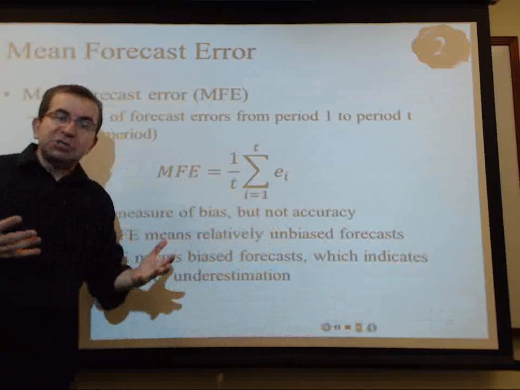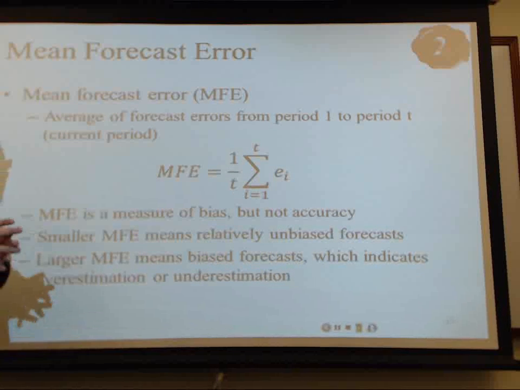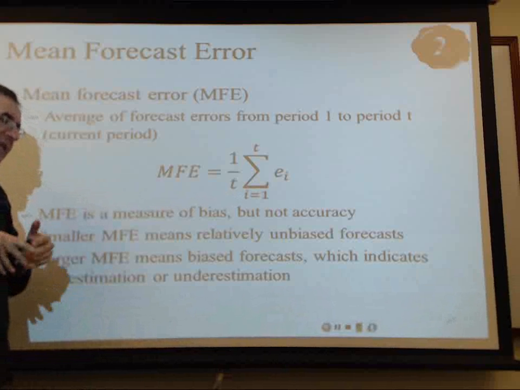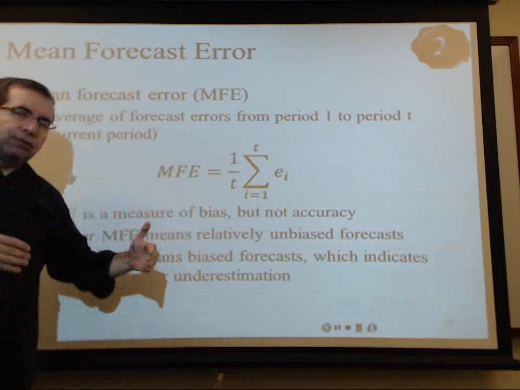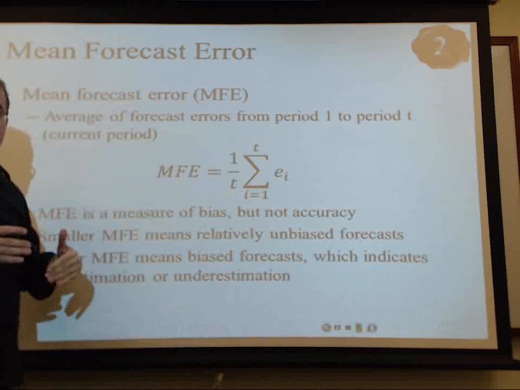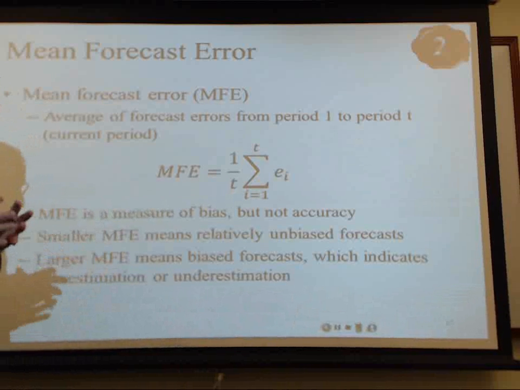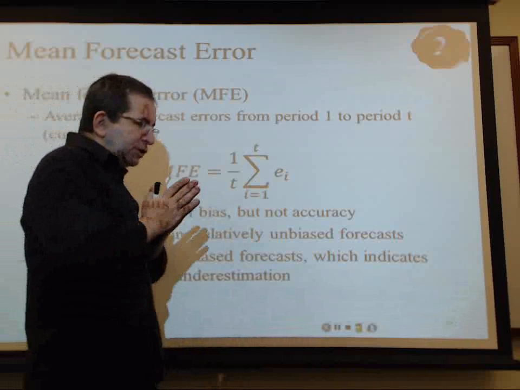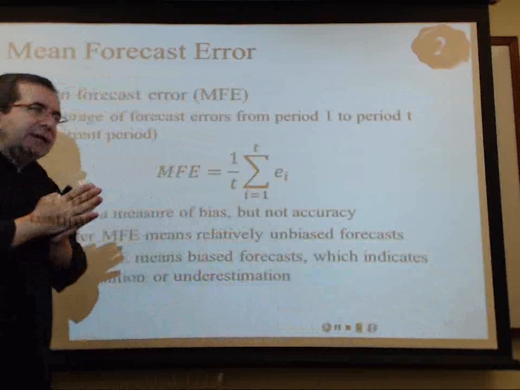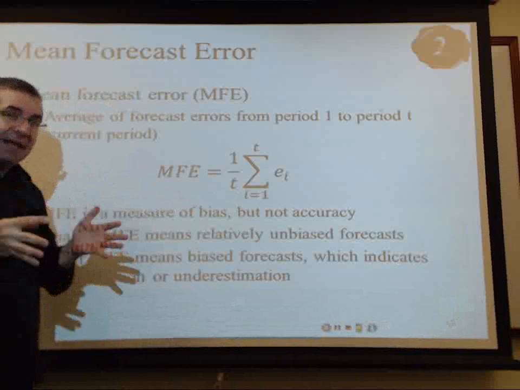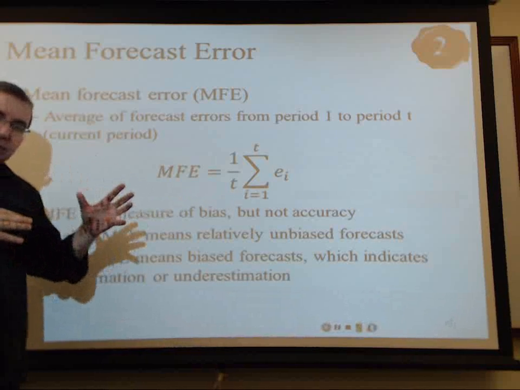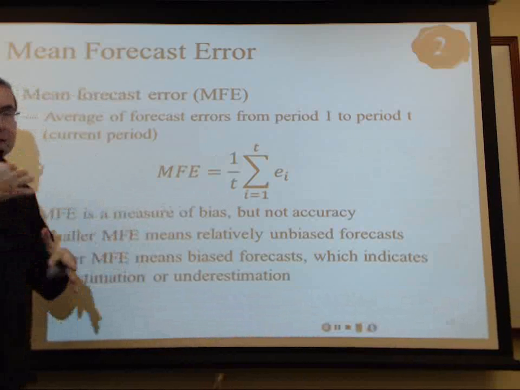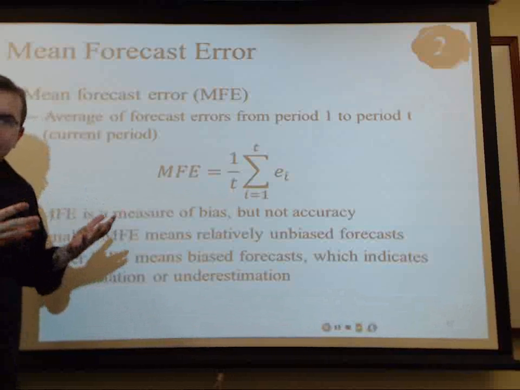Okay, what does bias mean? Bias means that are you consistently over forecasting or under forecasting? Now, ideally, you should target the actual sales, and if you are not biased, you should have positive errors half the time and negative errors about half the time.